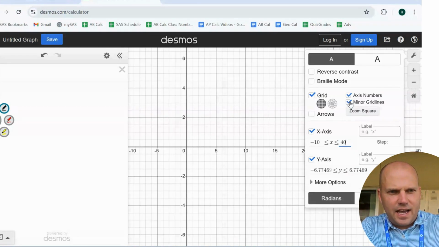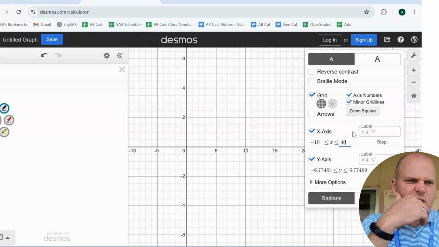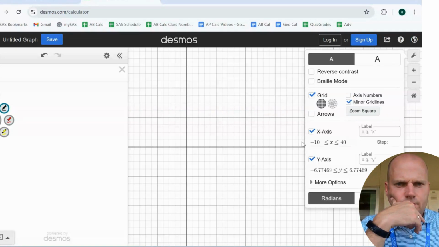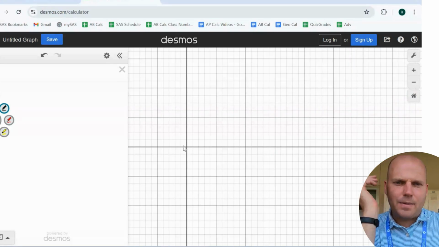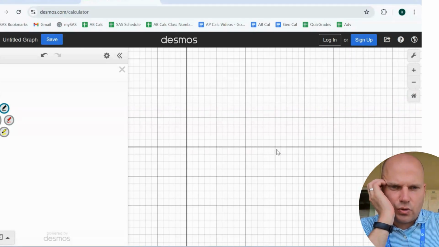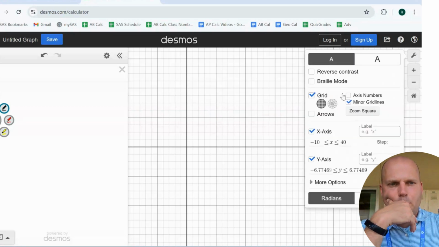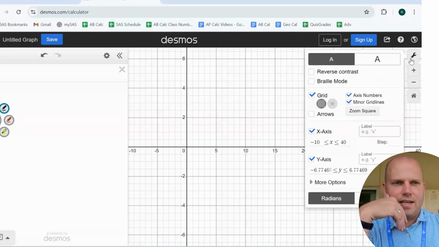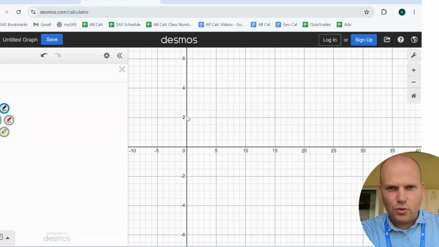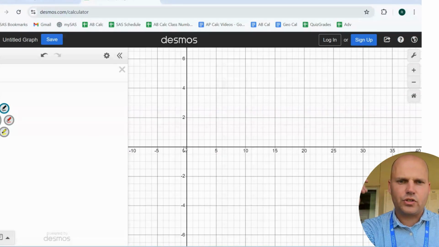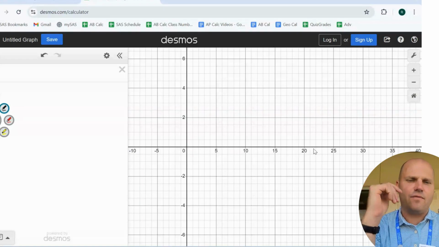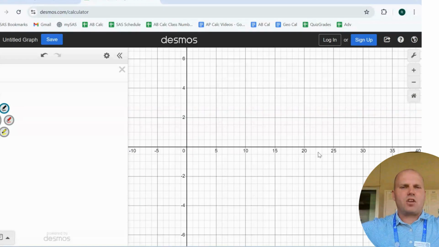Now, if I did not have the numbers, boom, you would probably think this is 1, 2, 3, 4, and this is 1, 2, 3, because they're looking like equal distances. But that's not the case. This is up 2, 2, 2. This is over 5, 5, 5, 5. So everything doesn't have to go in ones.